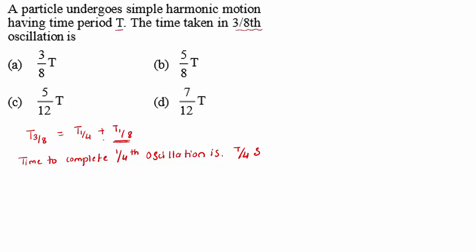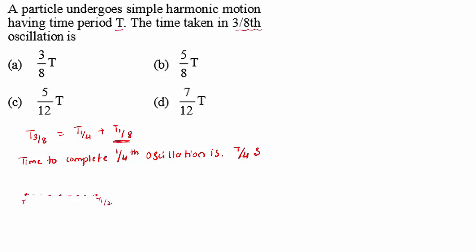See here, for 1/8 oscillation, suppose the particle undergoes simple harmonic motion. It starts from its initial point, oscillates in this direction, reaches the final point here and then comes back, a to and fro motion. When it comes back, that gives one complete oscillation, that is T. But when the particle goes here, which is half of the oscillation, that is T by 2.